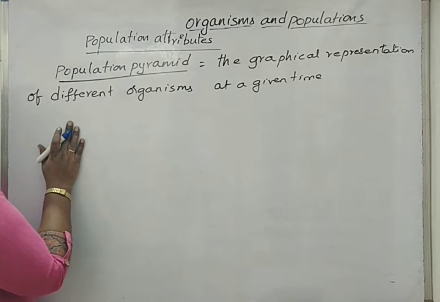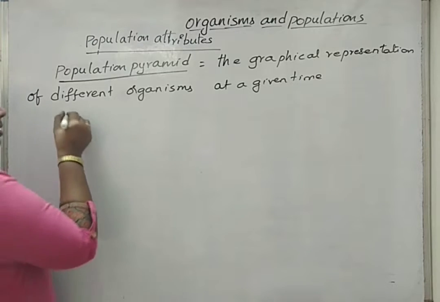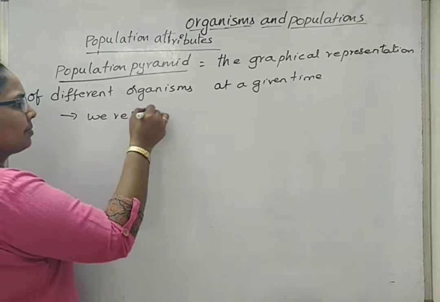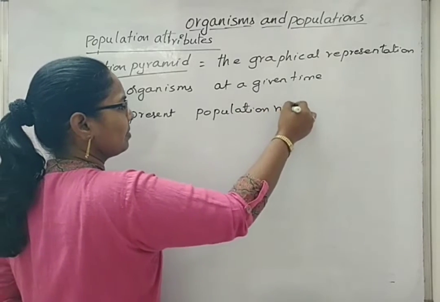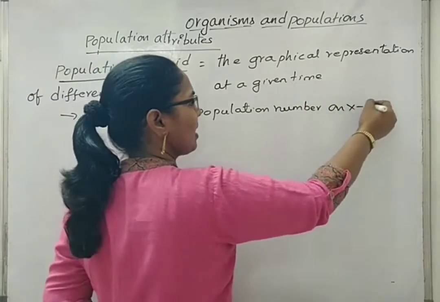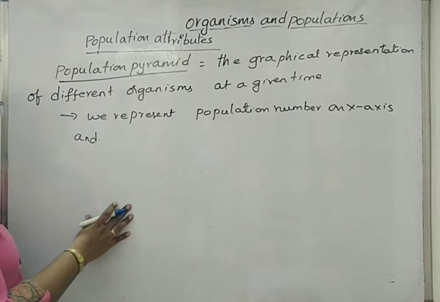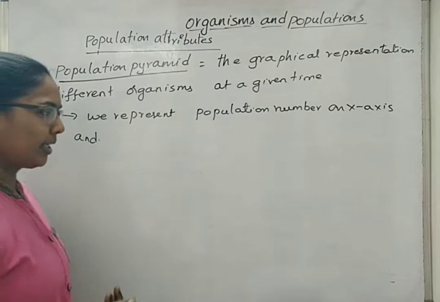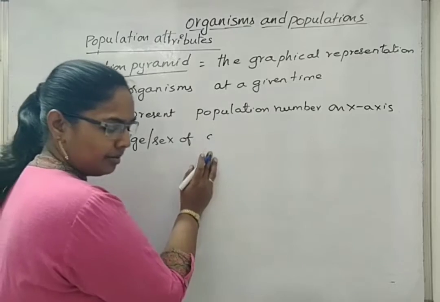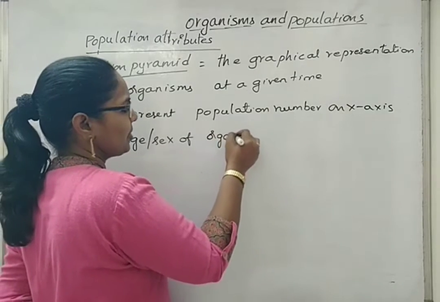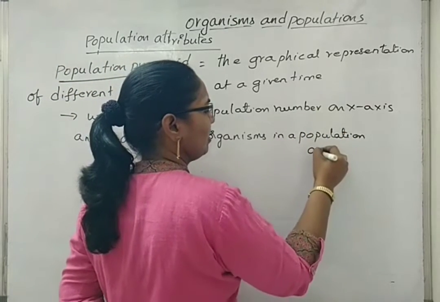When we are representing the population pyramid, the graphical representation of different organisms at a given time, we represent population number on the x-axis, and whatever the characteristic feature is, it can be age or sex of organisms in a population, on the y-axis.